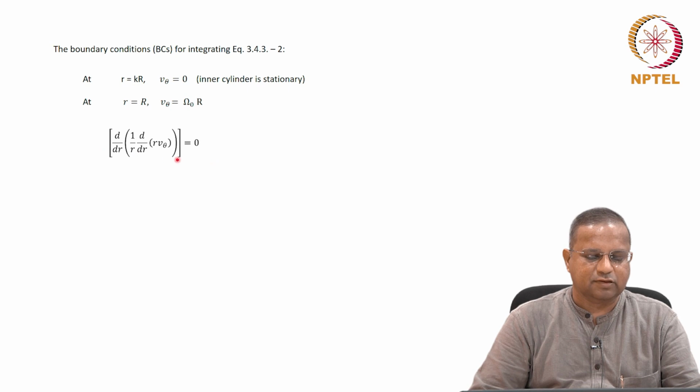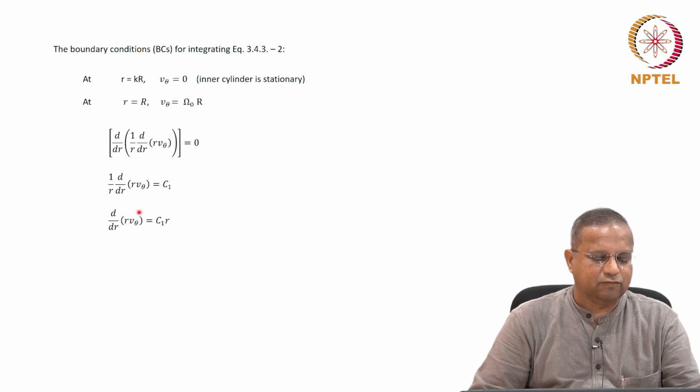So you have this equals 0, and therefore we can take this as being a constant, then this goes to 0. This equals to 0 is irrelevant here, therefore d dr of this being a constant is the relevant thing. 1 by r d dr of r v theta equals c1, and therefore d dr of r v theta equals c1r.